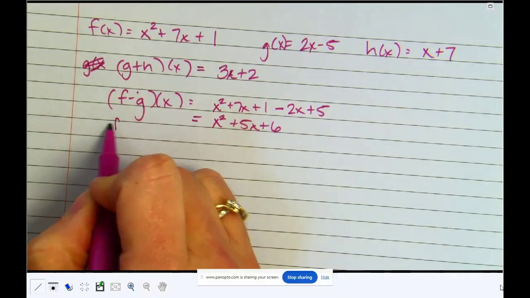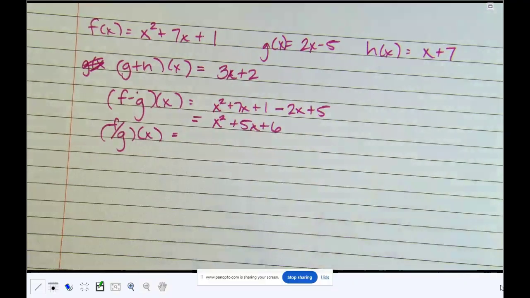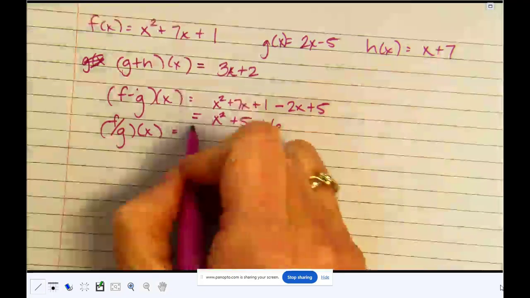So let's say you have f divided by g. Actually, the start of it is super easy.